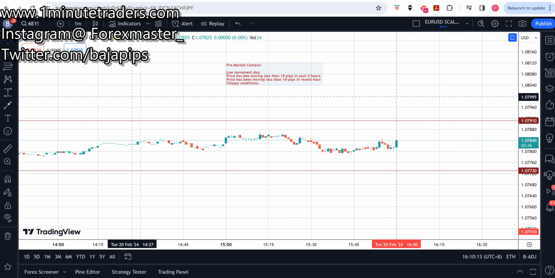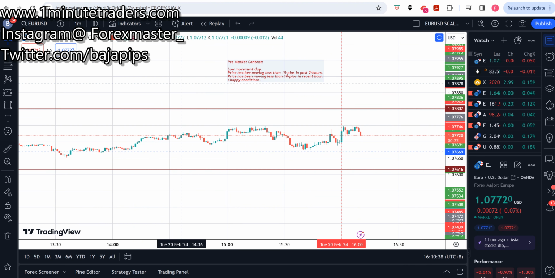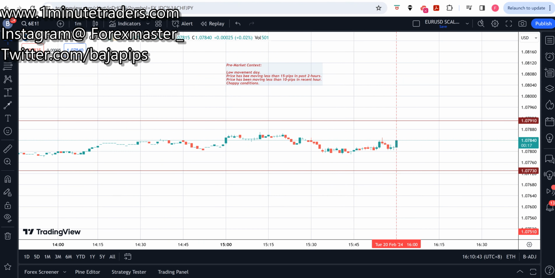One thing you may notice about the futures chart is that the price movement moves in 5 pip increments, and it is a little bit more delayed on TradingView by about 10 minutes because of the data package. I'm using the free data package on TradingView, so my Forex chart may be a little bit more ahead of this one.